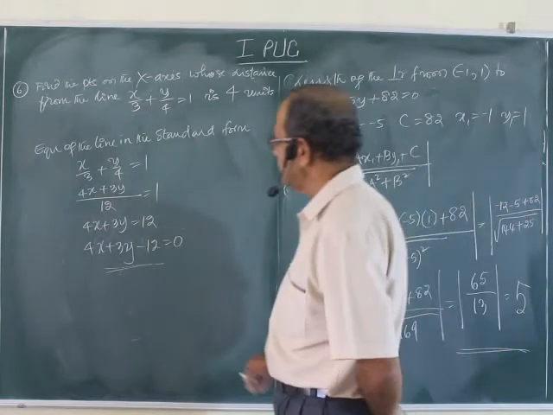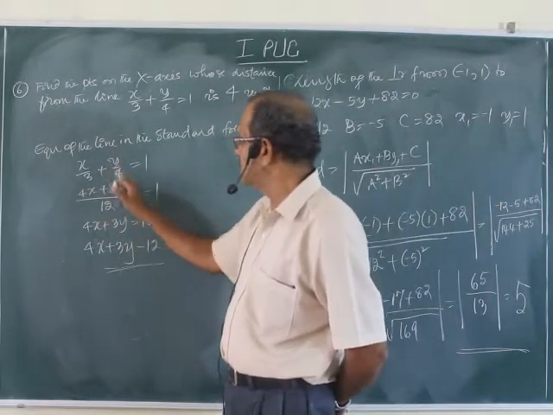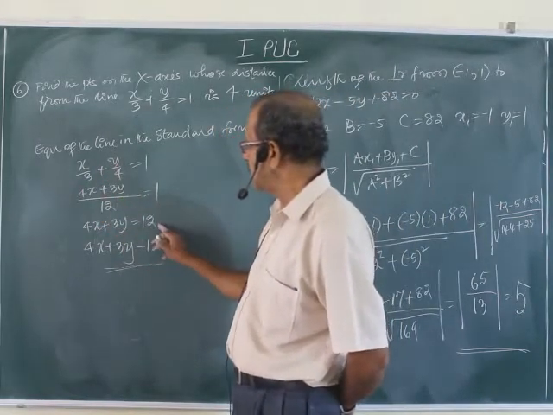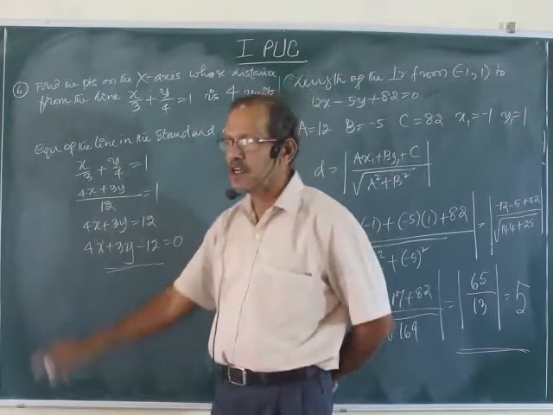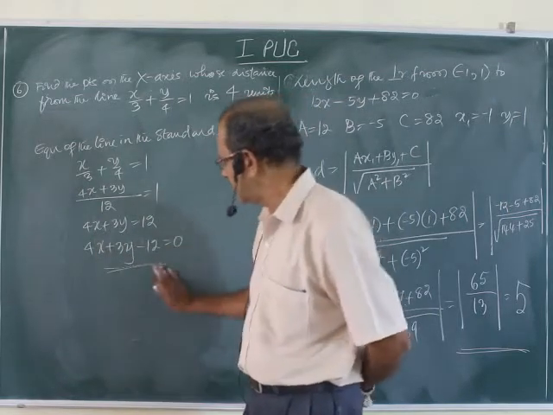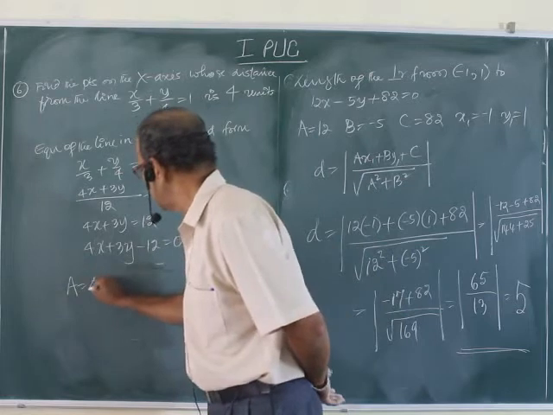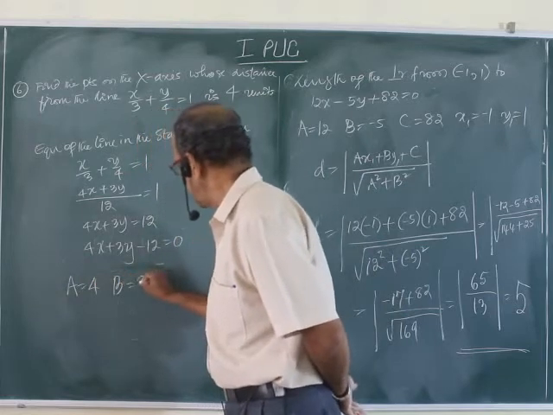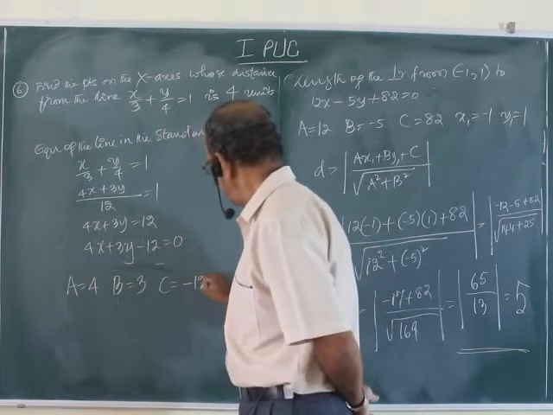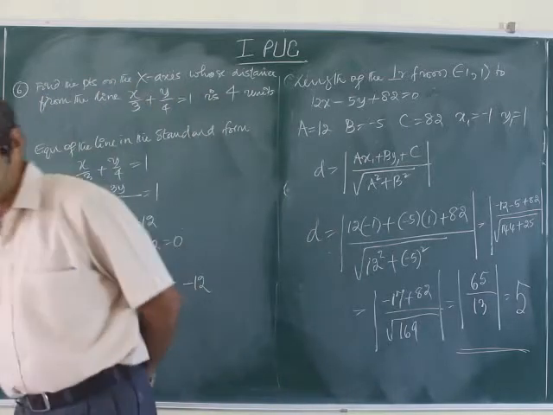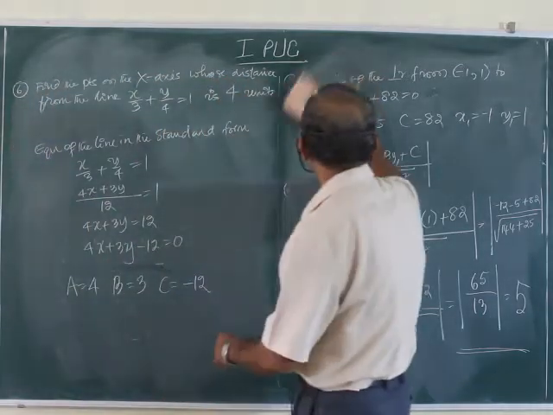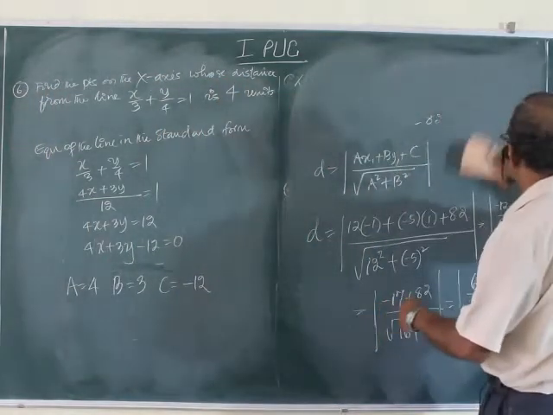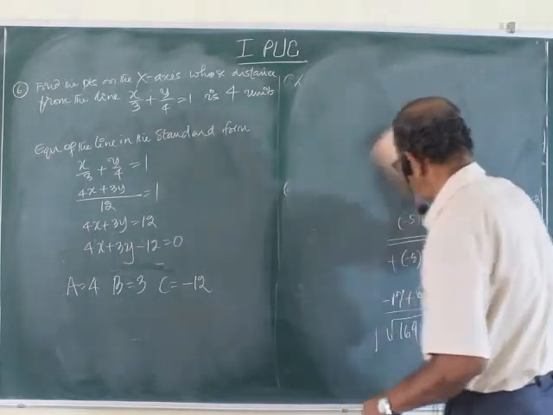Bring that 12 to the right hand side, write all the terms on the same side. Now here, A is 4, B is 3, C is minus 12. Standard form means it should be in the form AX plus BY plus C.